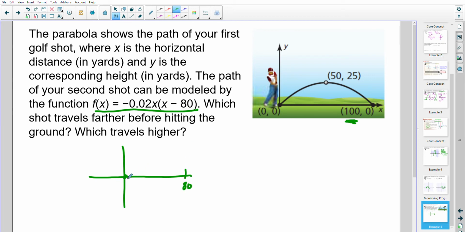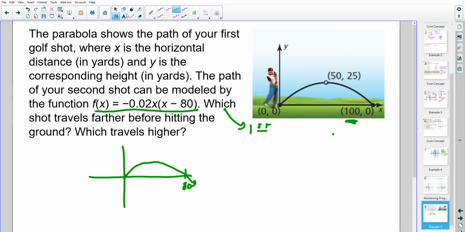So we know that it's going to look something like this. So I know that the first shot is going to travel farther because it went 100 yards, and the second shot went 80 yards.